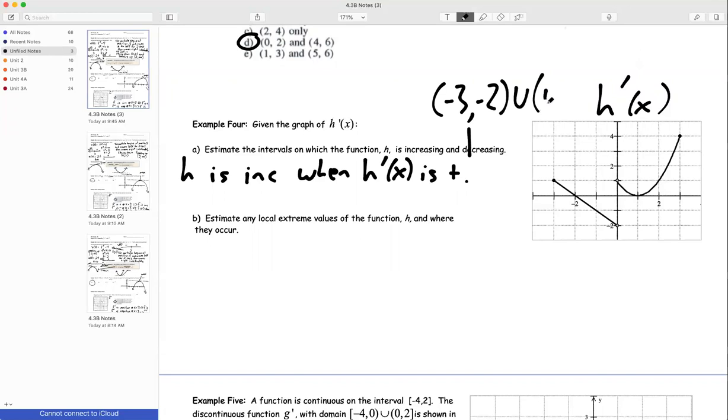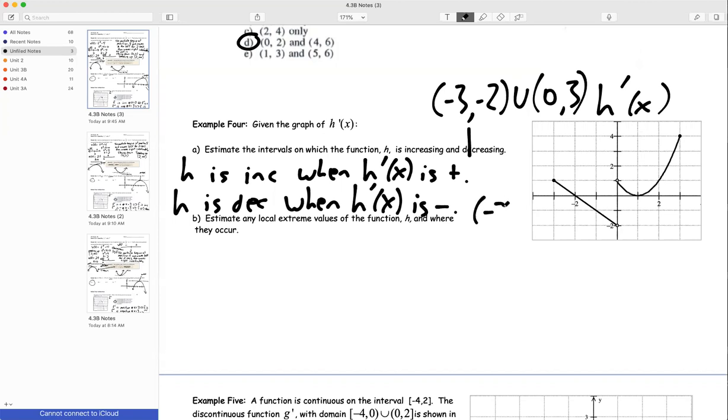And then from 0 to 3. H is decreasing when h prime of x is negative, and it's going to be negative whenever my derivative graph is negative. And so therefore I'm looking at when it is below the x-axis. So from -2 to 0. All good?